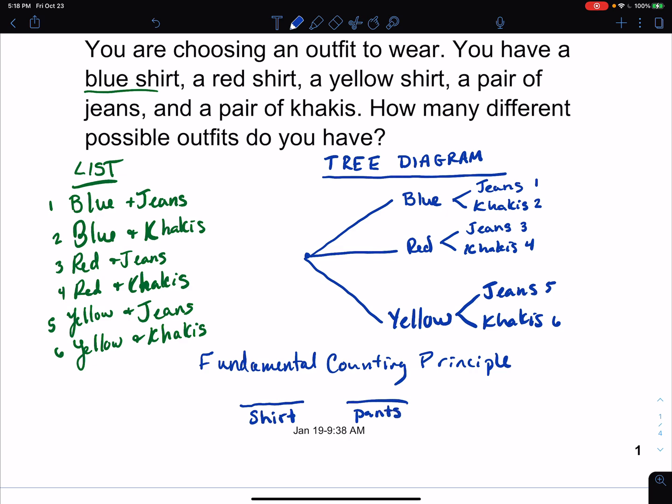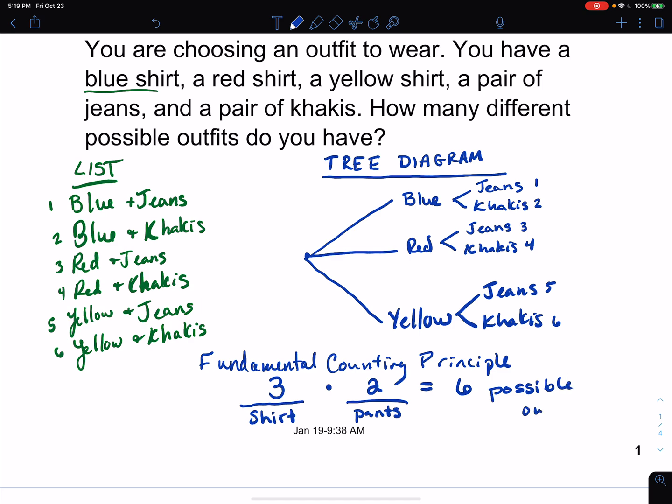For the shirt, I had 3 different options, the blue shirt, the red shirt, or the yellow shirt. For the pants, I had 2 options, the jeans or the khakis. And the fundamental counting principle tells us once we figure out those options for each individual thing, we can multiply them together. So if we do that, 3 times 2 gives us the 6 possible outfits.